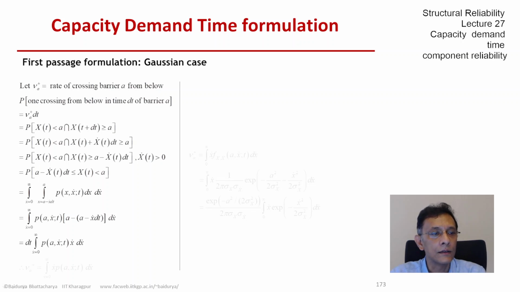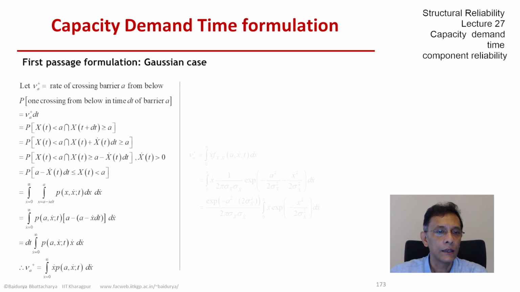So nu a plus dt is equal to dt times a one-dimensional integral with respect to x dot. So that lets us cancel the dt on both sides and express the rate of upcrossing of the barrier A by the process x as an integration of x dot and the joint density function of x and x dot, x being fixed at A, in terms of all possible values of x dot.